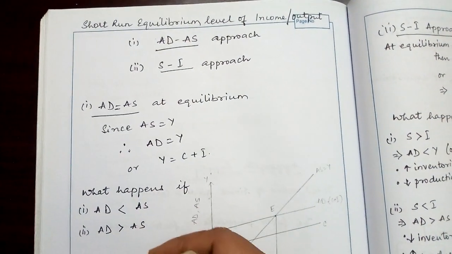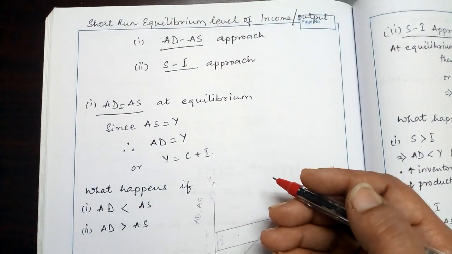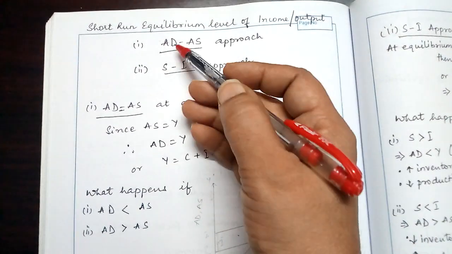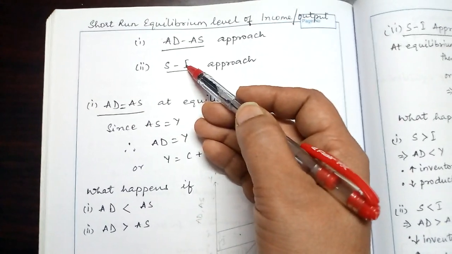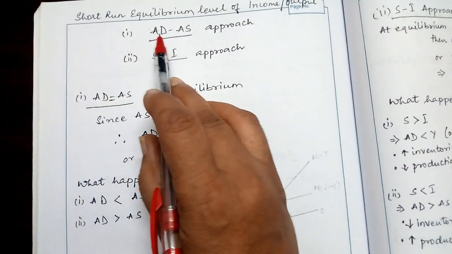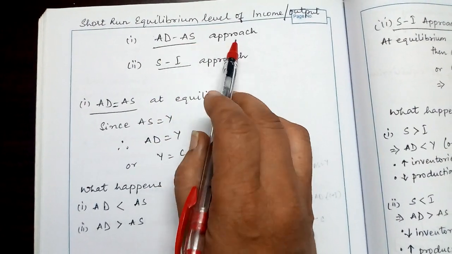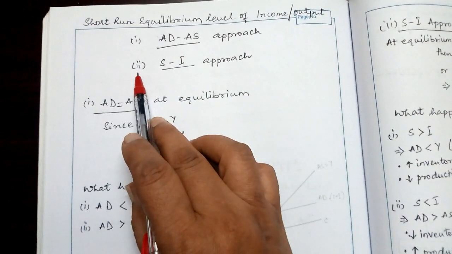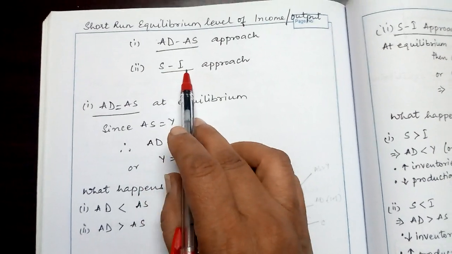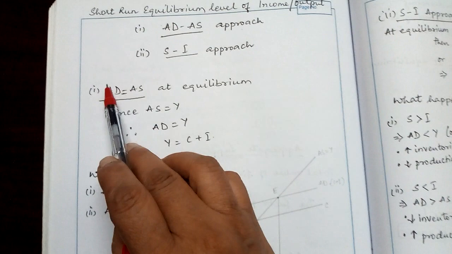So the only components of aggregate demand will be consumption and investment. So we have two approaches to determine the equilibrium level of income and output. The first, aggregate demand equal to aggregate supply approach or AD-AS approach, and the second, saving investment approach. Let's deal with the first one.